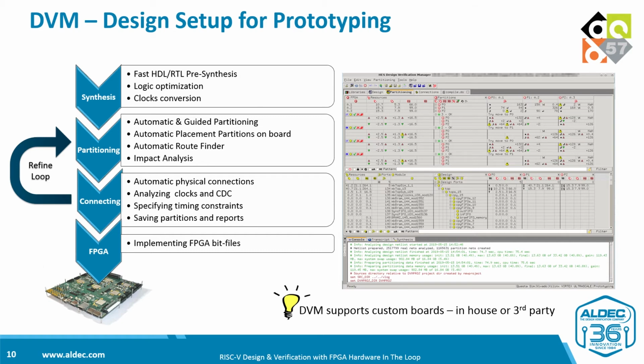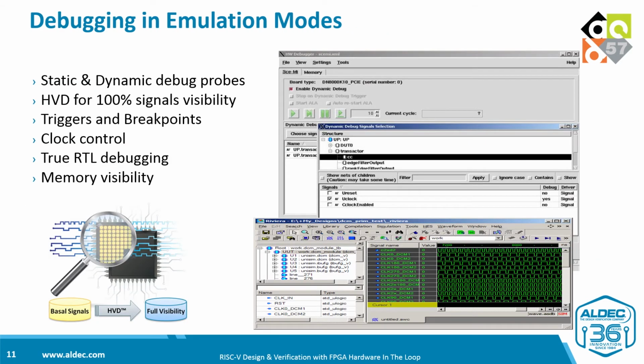Going back to emulation, it's very important to have advanced hardware debugging capabilities to be able to trace corner case design problems that often show up at this verification stage. And HES-DVM provides such debugging capabilities that will make you feel comfortable even if you step on the mine that is a hardware bug.